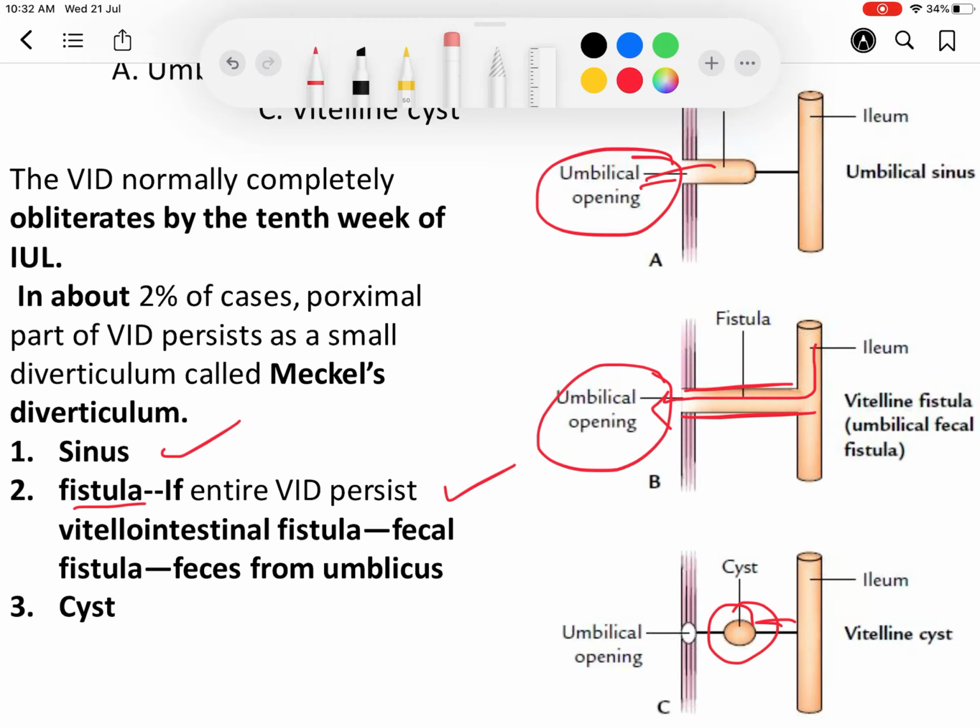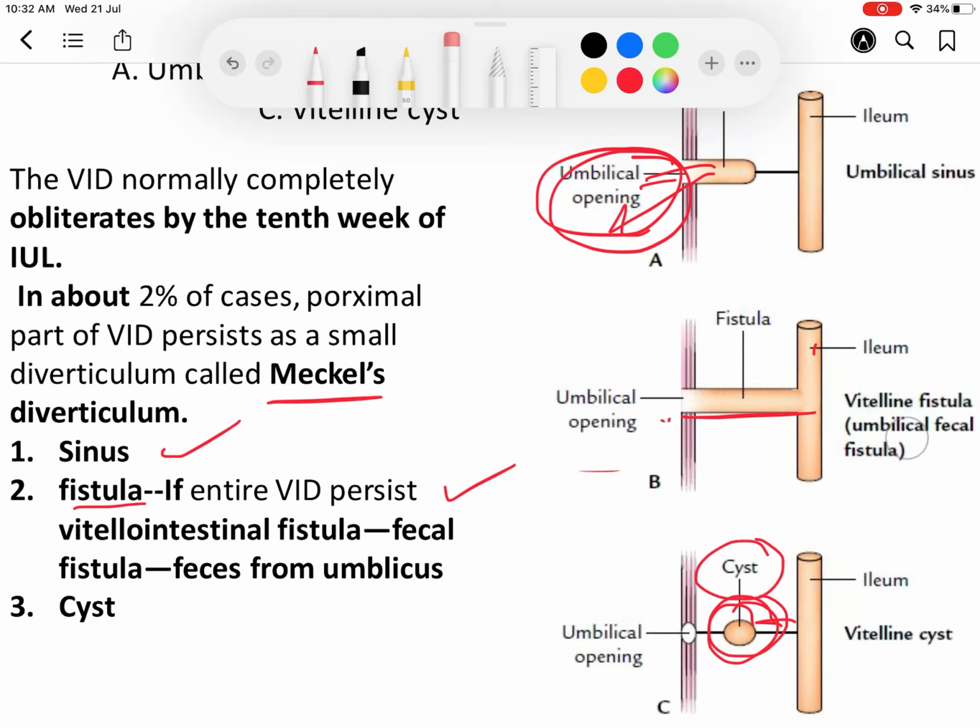That's why it is called fecal fistula. And the third condition, in which the proximal and distal parts have both been obliterated but the middle part is persisting, is called umbilical cyst. So if the proximal part of the vitellointestinal duct is persisting, it is called Meckel's diverticulum. If the distal part is persisting, it forms the umbilical sinus. If the middle part is persisting, it will form the umbilical cyst.